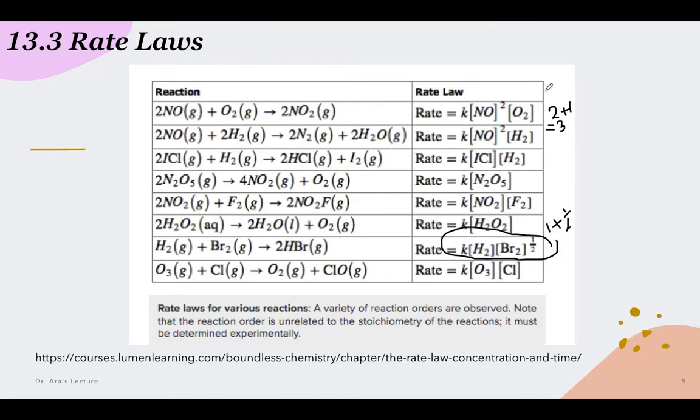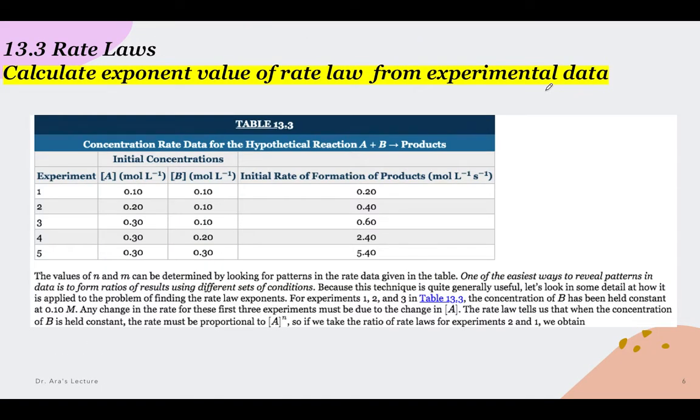Now we will go for the hypothetical experimental data, and this is from the books that we are following, Chemistry: The Molecular Nature of Matter by Jespersen and Hislop, 7th edition. So this is the concentration and rate data for a hypothetical reaction.